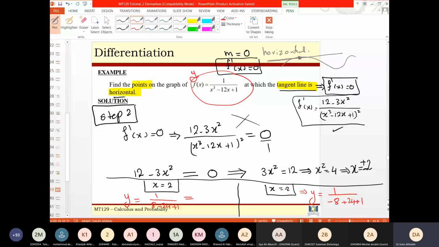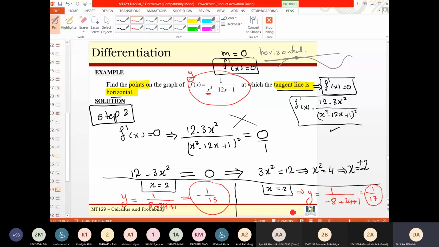Right? Yeah. 1 over minus 15. 8, which is 2 to the power 3. I'm substituting here. And what about this one here? 1 over 17, with a minus? No, it's a plus here. Here it's with a minus and here it's with a plus.